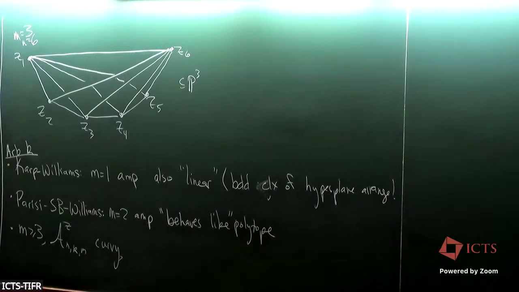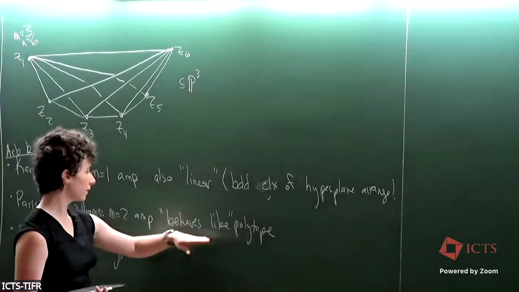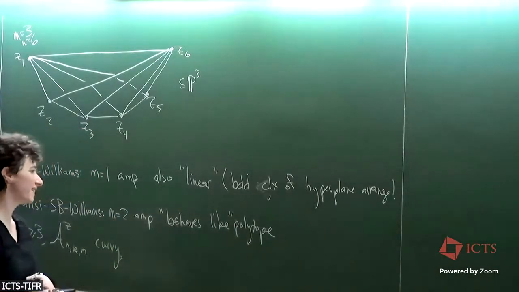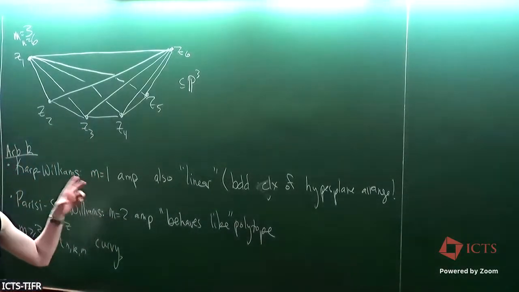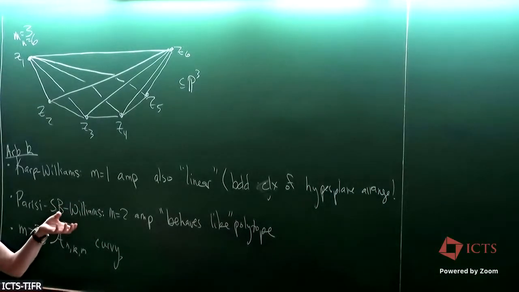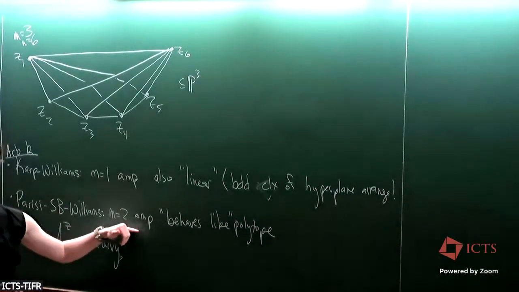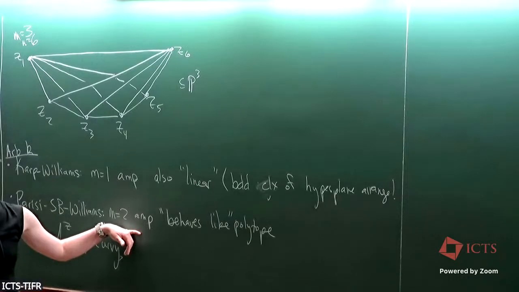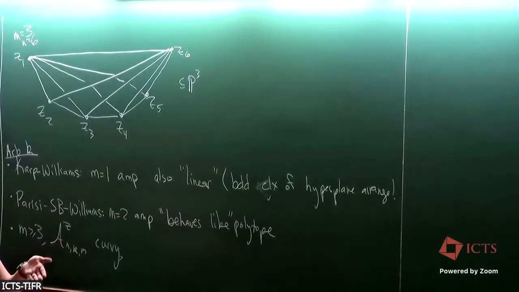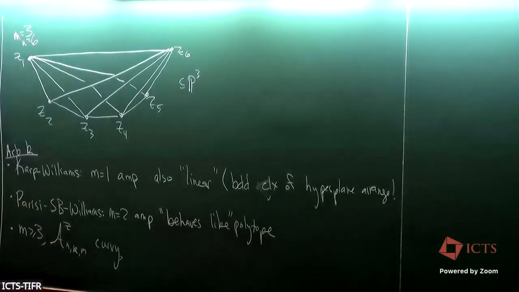A simplex. That's right. Yeah. So what I'm saying here, it behaves like a polytope. What this means is that I have another polytope which encodes combinatorially all of the behavior of the m equals 2 Amplituhedron. But it's sort of an analogy only at the level of combinatorics, not at the level of geometry.